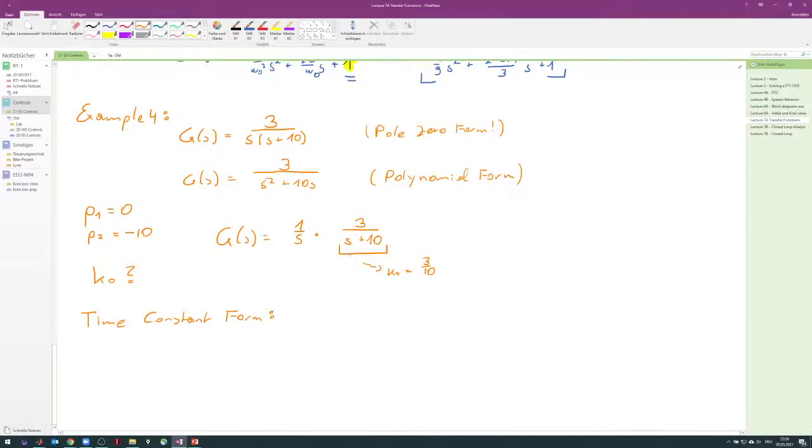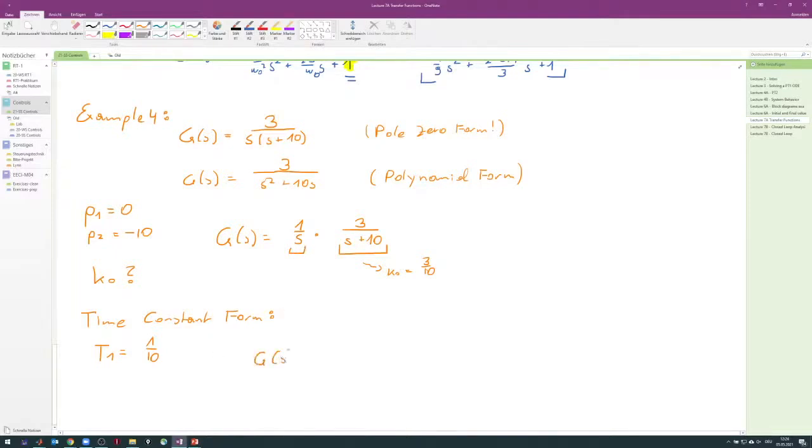If you compute now the time constant, well, the first time constant is the negative inverse, right? So T1 is going to be 1 over 10. And if you do it for the second one, it's going to go to infinite. So there is basically none, so you leave that guy unchanged here.